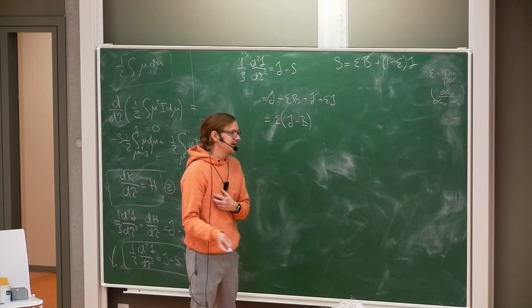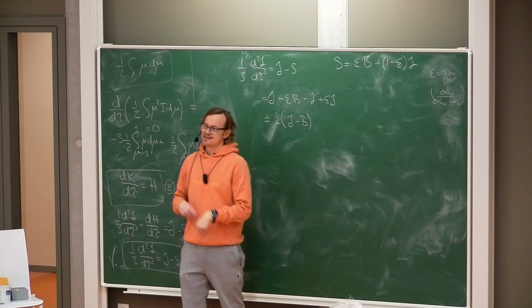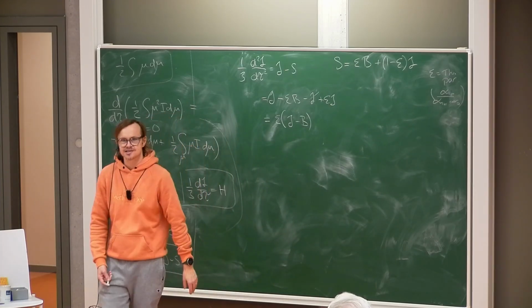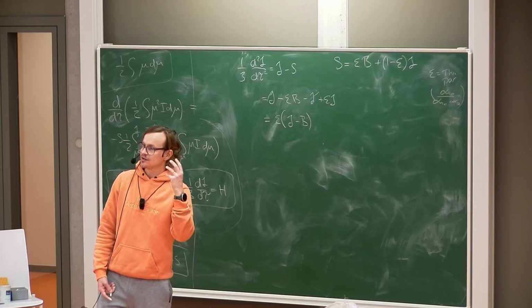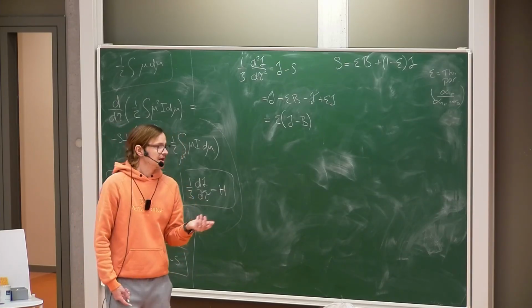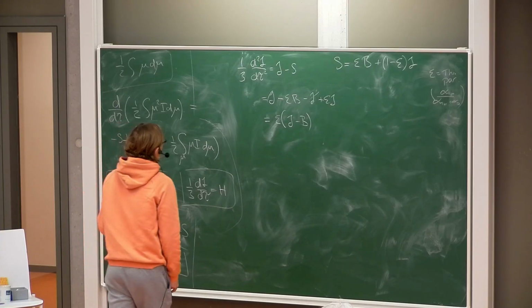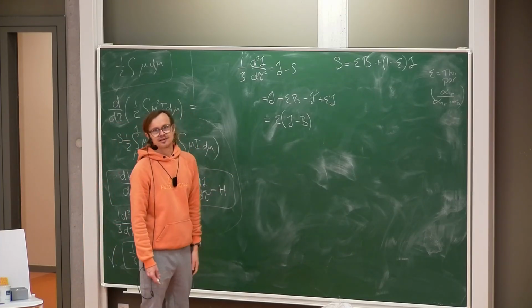Put another way, this is also why the iteration procedure discussed in the general transport equation is difficult in the case of scattering, because then epsilon is very, very low.